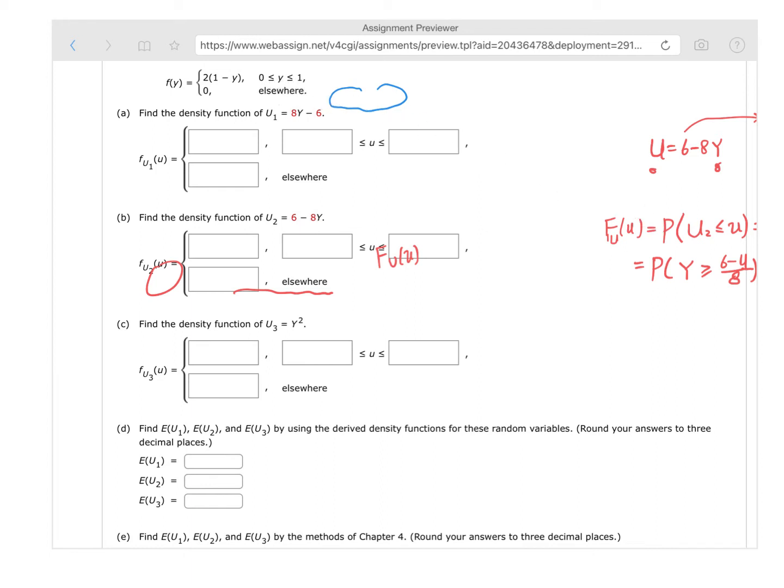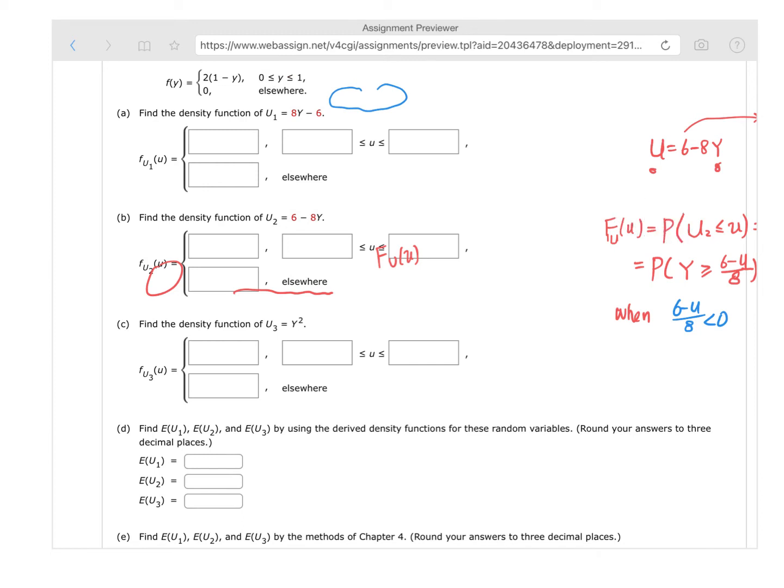Now I have to discuss cases, and I already gave you a heads up. Your u could be below negative 2, in between negative 2 and 6, or above 6, depending on where your y is, right? When (6 minus u) over 8 is less than 0, I know it's not in the support of f, so this probability will be 0.